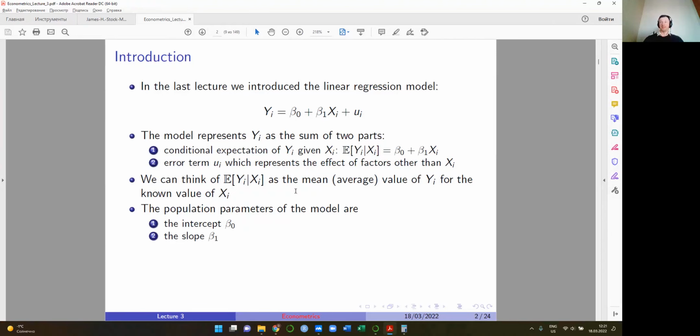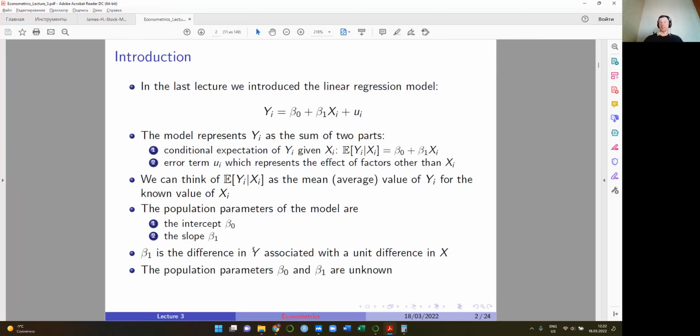And the problem is that these population parameters are unknown. Beta 1 represents the difference in y associated with the unit difference in x. And this is what we are interested in. We want to understand how the change in x can influence y. What is the strength of this relationship, let's say.